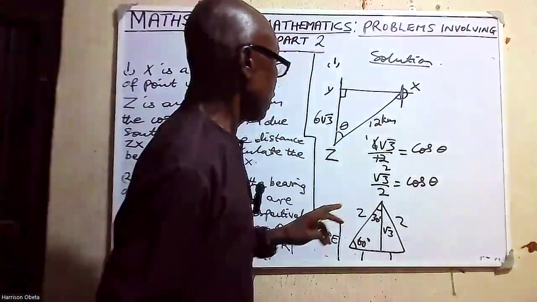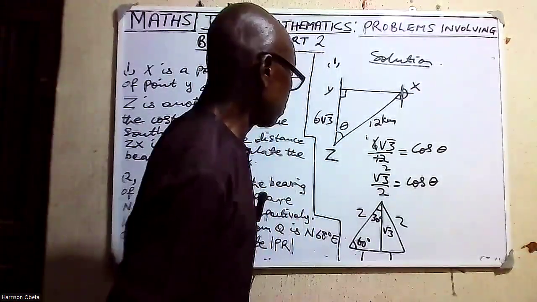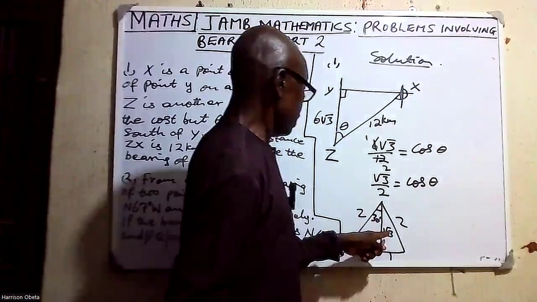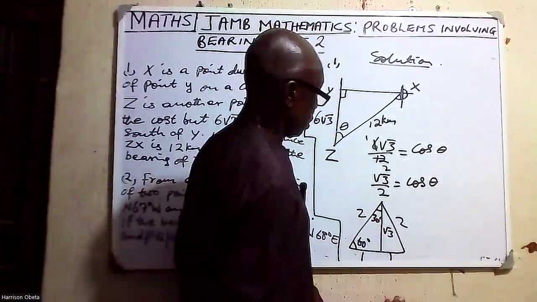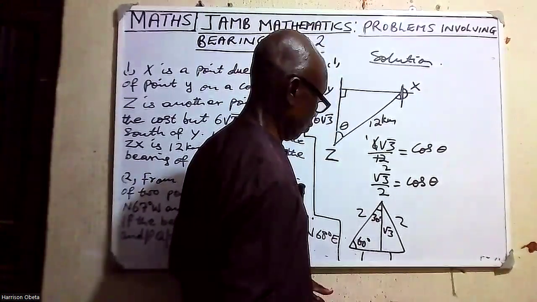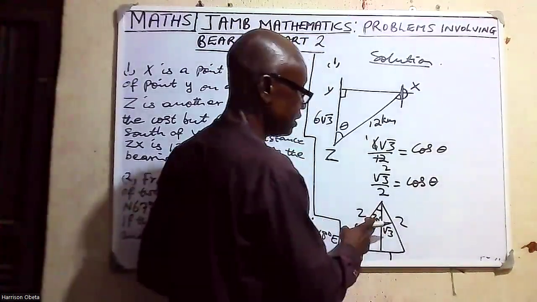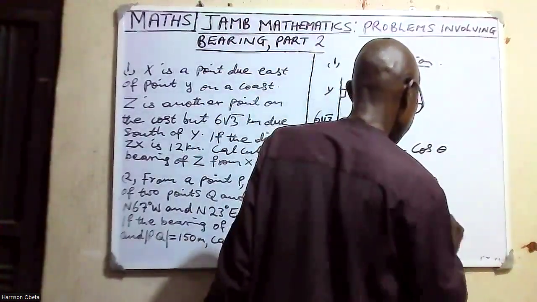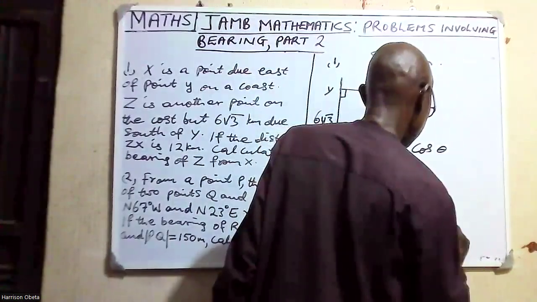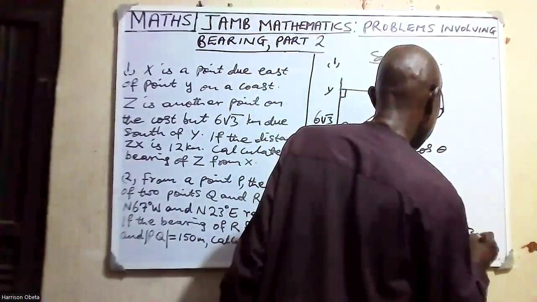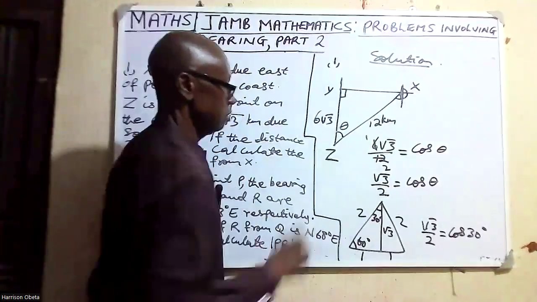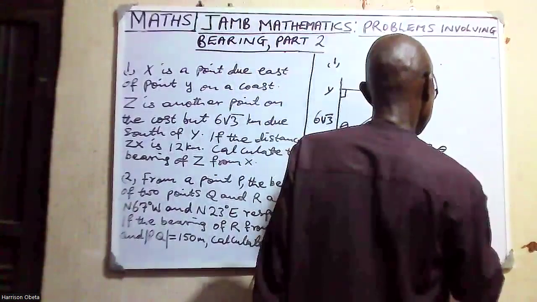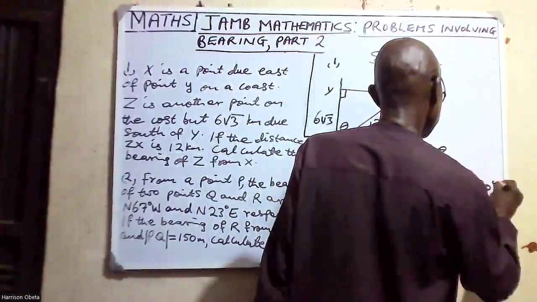So we are talking of cos theta now. √3 over 2, that's considering this 30, adjacent over hypotenuse. So √3 over 2 is equal to cos 30 degrees. Therefore theta is equal to 30 degrees.